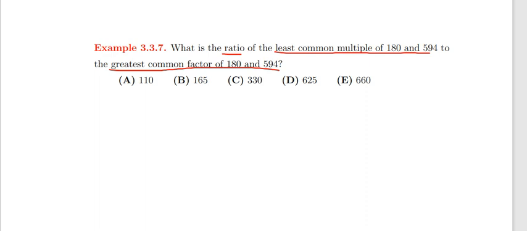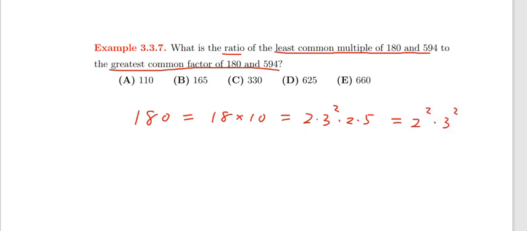At first we just factor this, like 180. 180 equals 18 multiplied by 10. So 18 is equal to 2 times 9. So 9 is 3 squared. 10 is 2 times 5. So that equals 2, 2, 3, 3, 5.